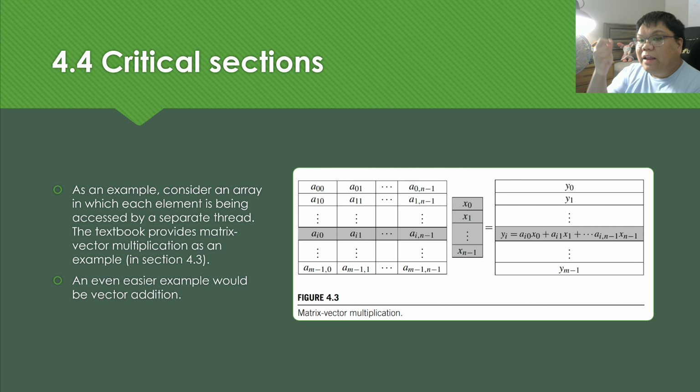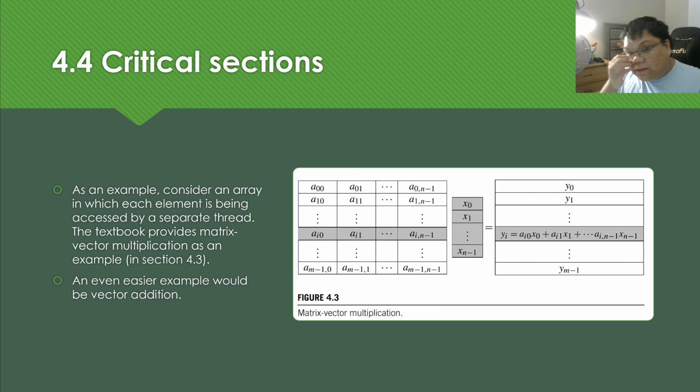This is going to demonstrate an issue that is to be expected when you write multi-threaded anything. The textbook has an example of matrix vector multiplication. So, consider an array in which each element is being accessed by a separate thread. The textbook uses matrix vector multiplication, but an even simpler example would be vector addition.